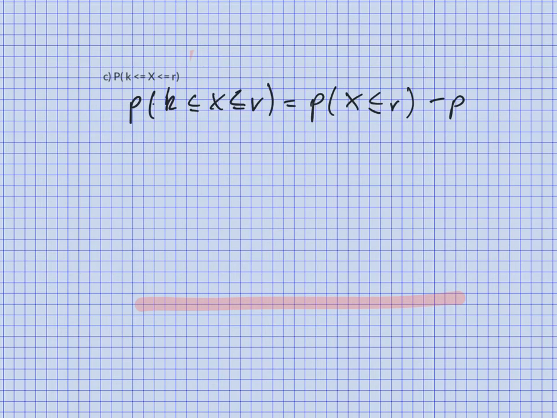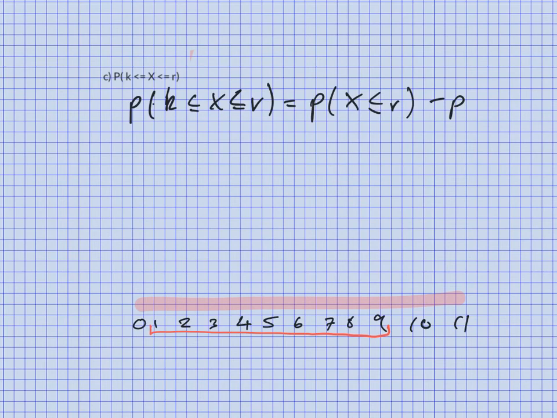So it goes 0, 1, 2, 3, and then 4, 5, 6, 7, 8, 9, 10, 11, and so on. We're interested in the bit where it includes k and includes r. Those are the ones we want.